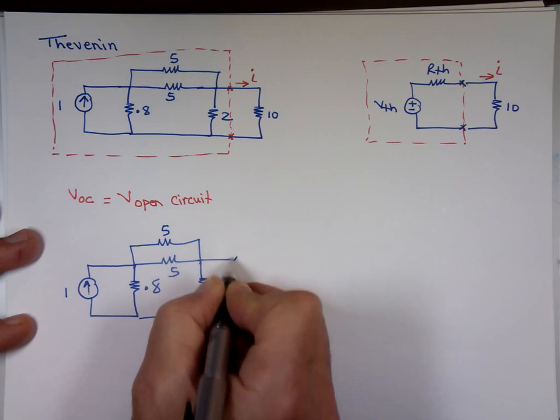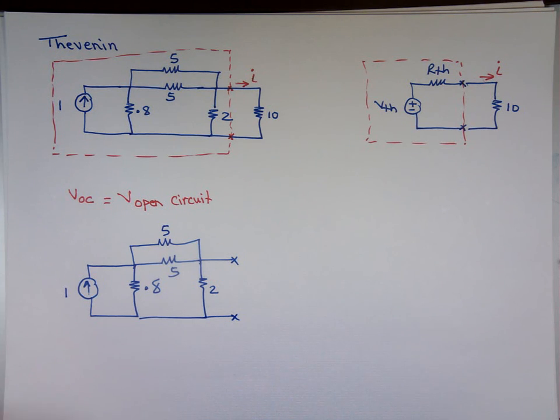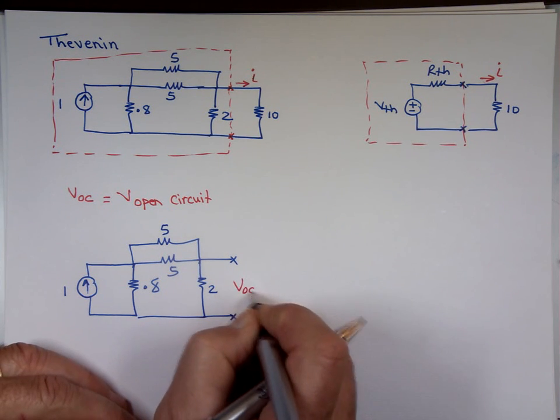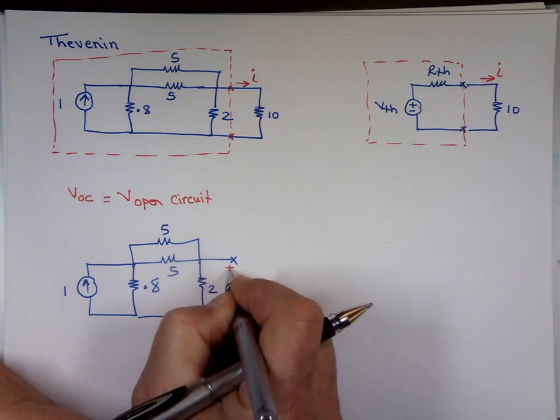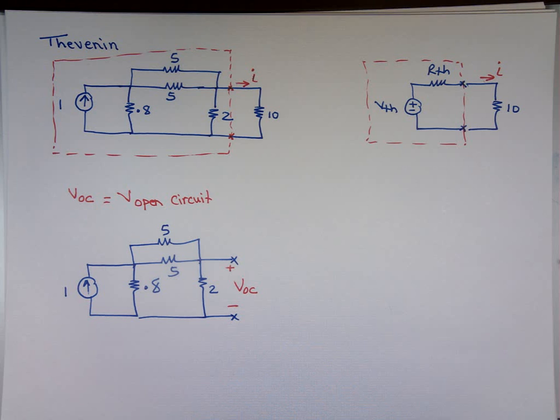And that's your V open circuit right there. How do we find that voltage right here? How do we find it?